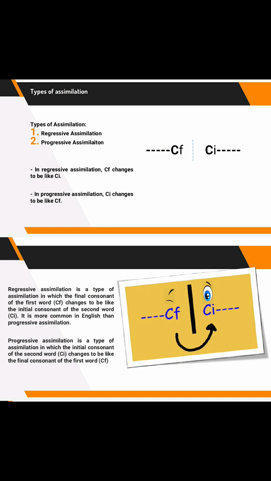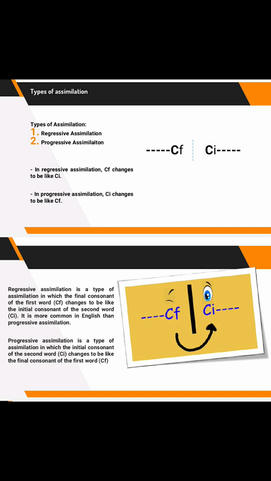Speaking of the 2 consonants, one consonant is final in one word, and we call it CF. Another consonant is initial in another word, and we call it CI. So CF is the final consonant of the first word, and CI is the initial consonant of the second word. In assimilation, either CF changes to be like CI, or CI changes to be like CF.